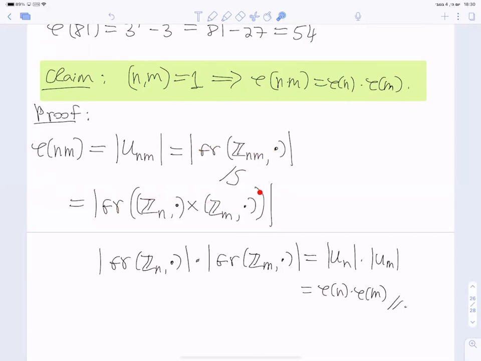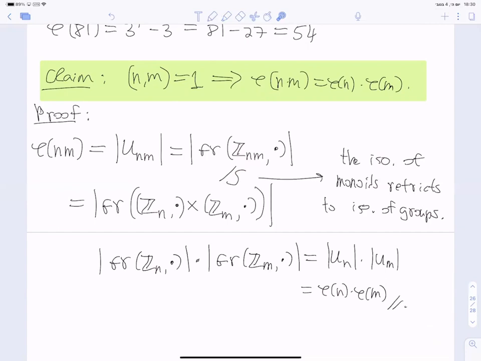You remember, we've seen that? So once we have seen the isomorphism of these monoids, this is true also for the groups, which is why this cardinality is equal.